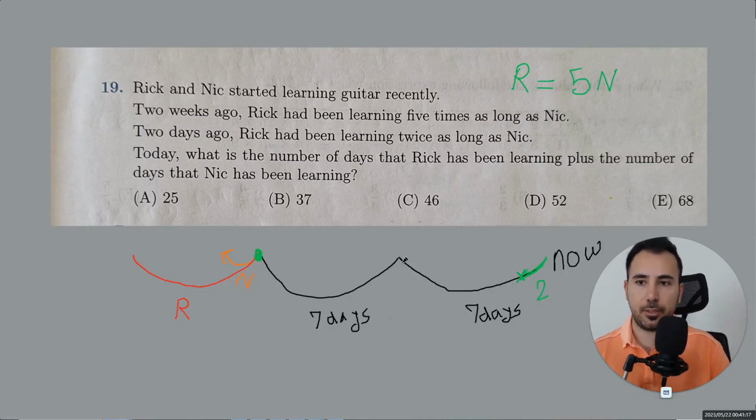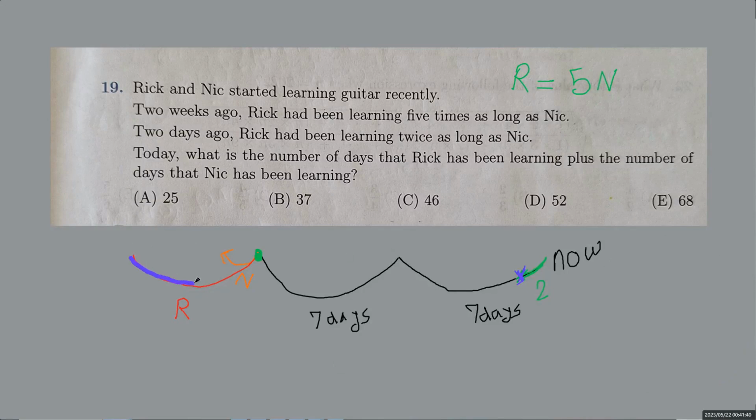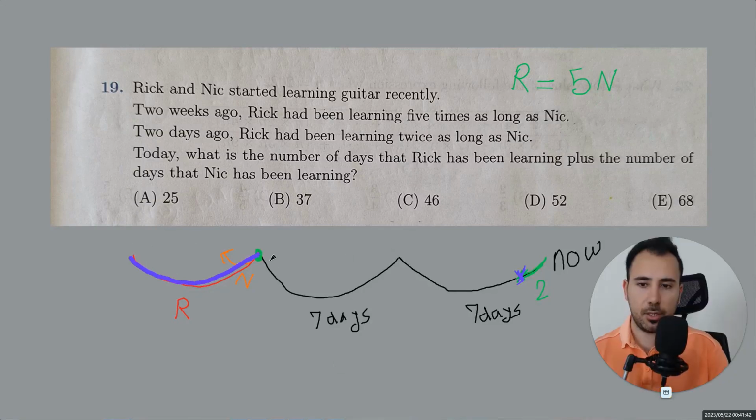Okay, now the second equation. 2 days ago, this one. Let me change color. This one. 2 days ago, Rick had been learning twice. But let's see the journey for Rick. Rick has started like this.